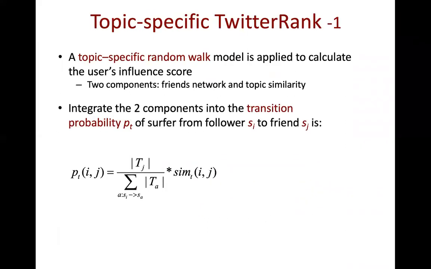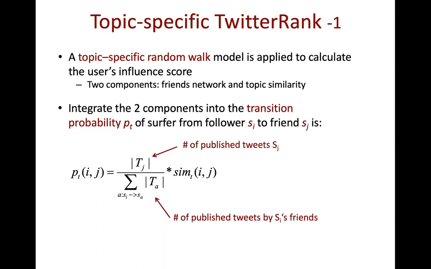Then we can define the so-called TwitterRank function. Why is it called TwitterRank? Because it's similar to the PageRank that search engines use. Search engines use explicit links between websites to define PageRank, this famous Google algorithm that Google starts from, and for Twitter we can also have topical differences. It integrates two components into the transition probability of a surfer from follower i to friend j.